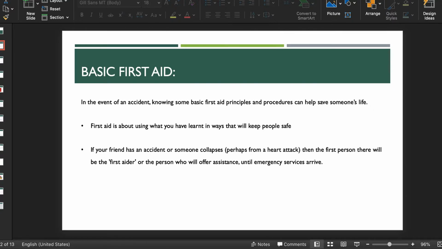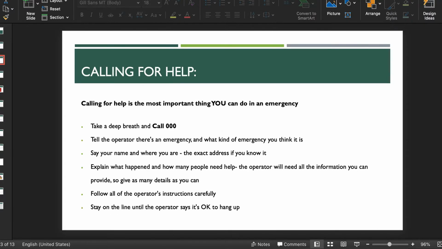If your friend is in an accident or collapses, the first person there is the first aider, and you will provide whatever aid that you are taught and feel safe to do until emergency services arrive.